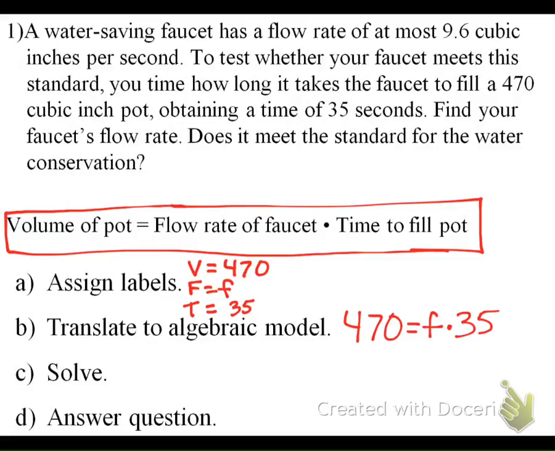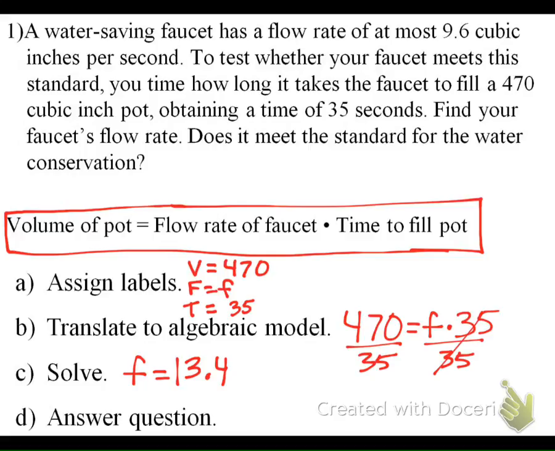Step C in the problem-solving model is to divide by 35 and solve for F. So what do we get F to equal? I heard a 13.4 and I heard a 9 point something. Oh, okay.